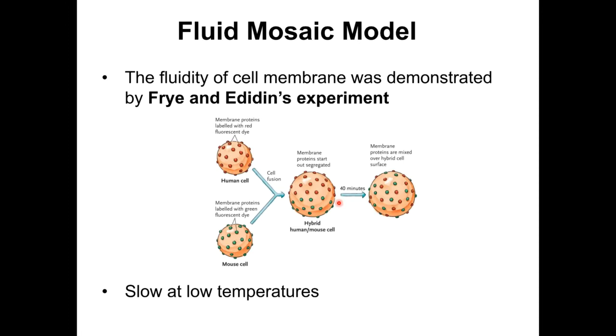If the membrane was not fluid, this would be the permanent situation. However, what Frye and Edidin observed is that just 40 minutes later, the two colors, the proteins coming from the human cell and the ones coming from the mouse cell, intermingle with each other. They mix with each other, suggesting that the proteins, and we know also the phospholipids now, can move around. So these are very fluid structures.